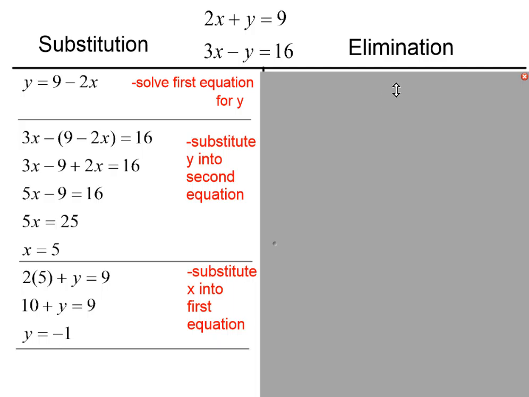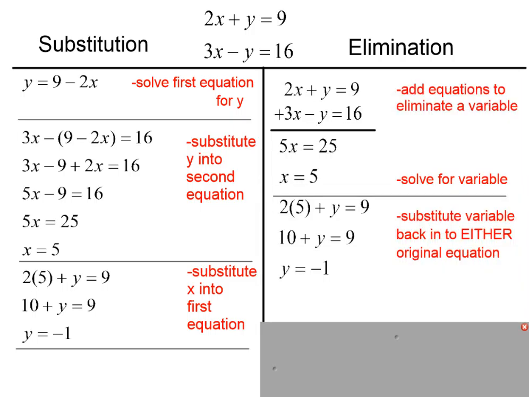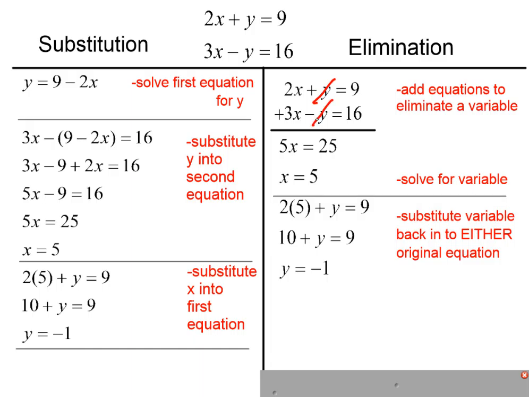Now let's take a look at what this same problem looks like if I was doing elimination. Since I have a positive y and a negative y, adding the two equations together will automatically eliminate the y's, giving me 5x equals 25, which only has one more step to 5.